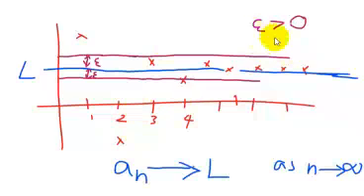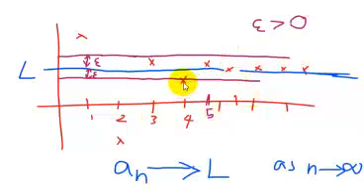I can find an integer index here. This number is outside of this ribbon, and this number also is outside of this ribbon. Let's take this one as the fifth one.